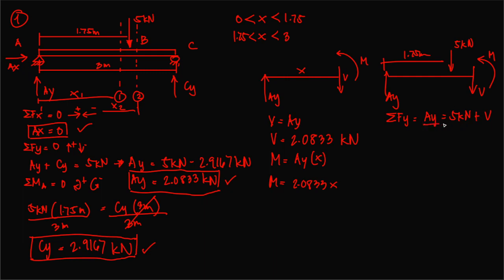But we are not looking for AY, so we'll be transposing this equation to have V is equal to AY minus 5 kN. And then we will have the answer of V being negative 2.9167 kilonewtons.